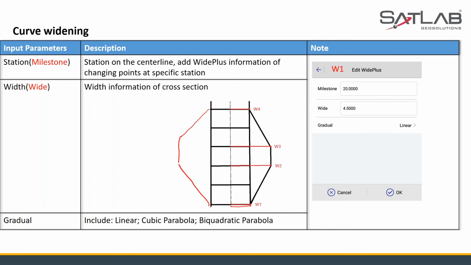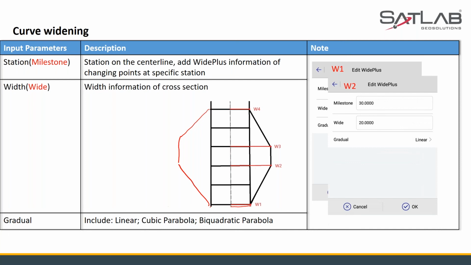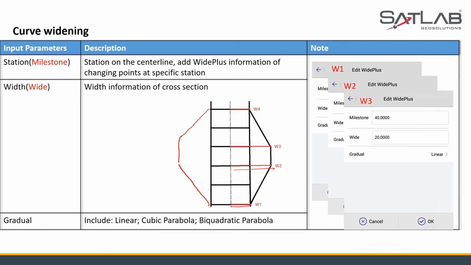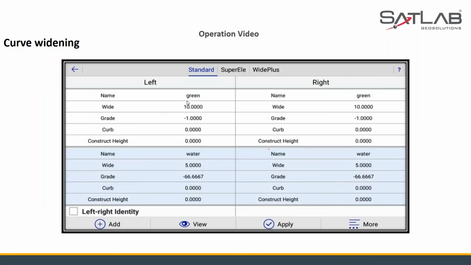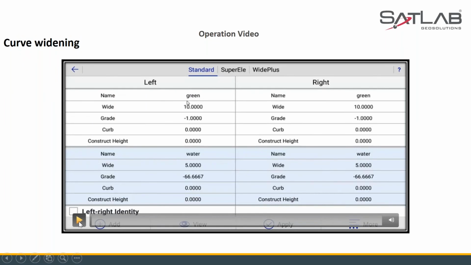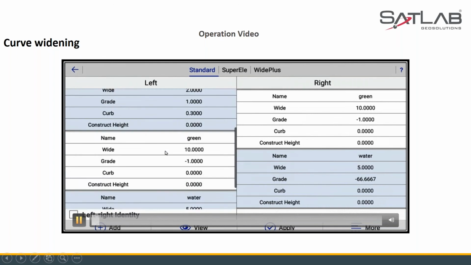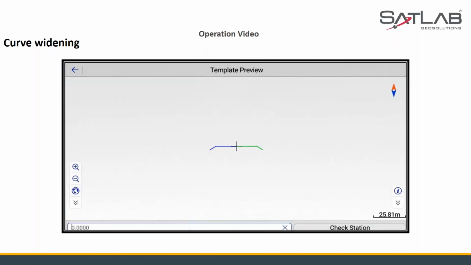So let's see W1, that is from the center part to the extreme edge, that is 4.5. That's the normal carriageway distance. And after then comes W2, that is 20 over here. Then comes W3, that is at station 30, that is 40. 20 again, and W4 will be normal, 4.5. And let's see how we can design the widening in Satsurv.